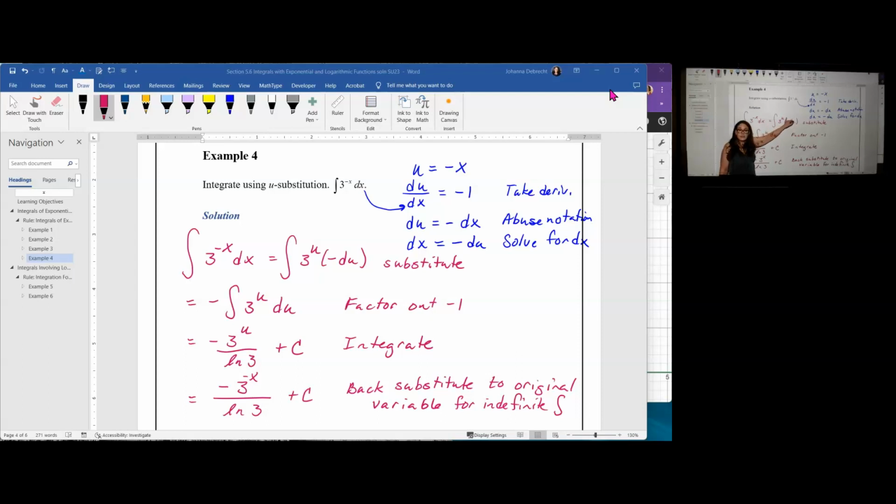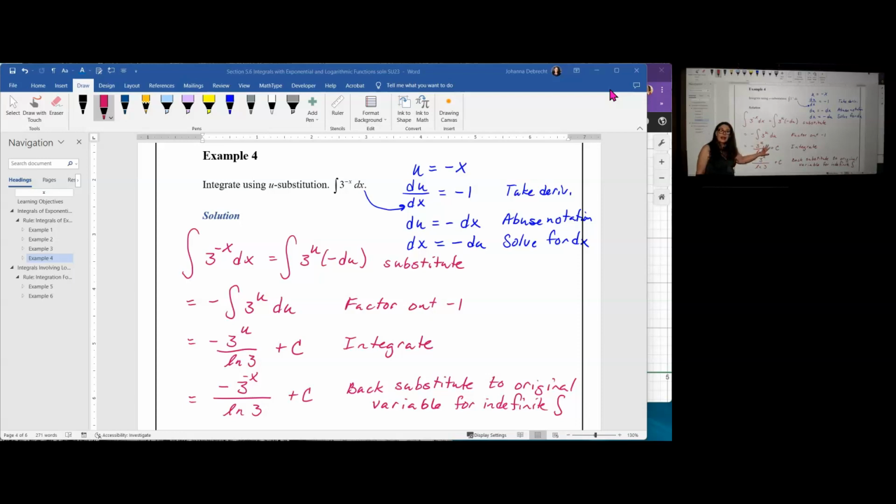The negative is a constant negative 1, which can be factored out of the indefinite integral. Then I integrate, remembering that the antiderivative of an exponential is the exponential divided by the natural log of the base, in this case, 3. This gives me negative 3 to the u divided by the natural log of 3, all plus the constant of integration.